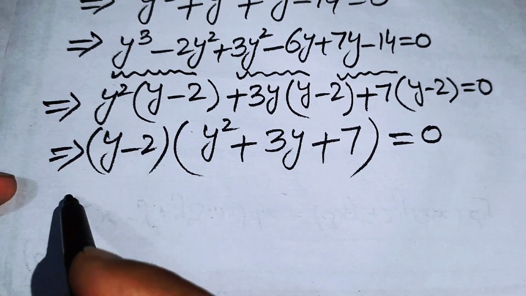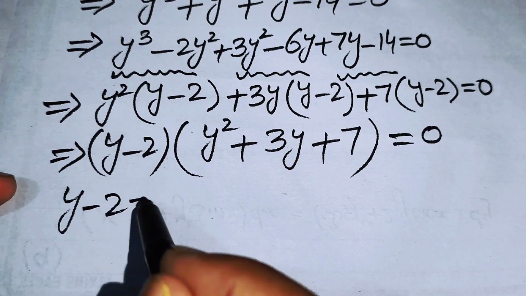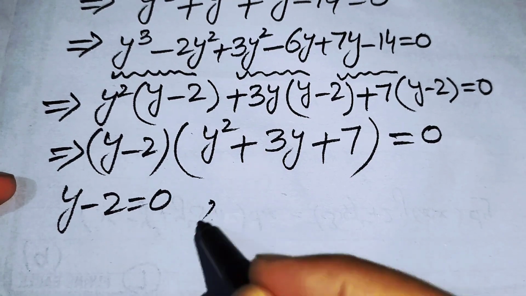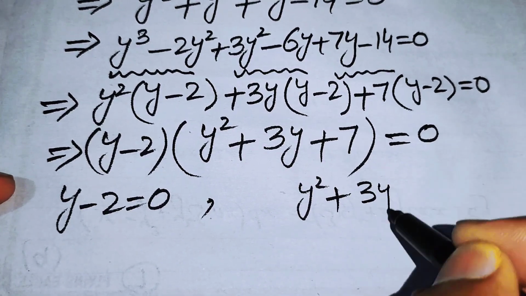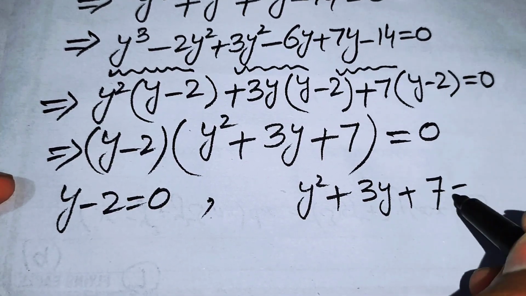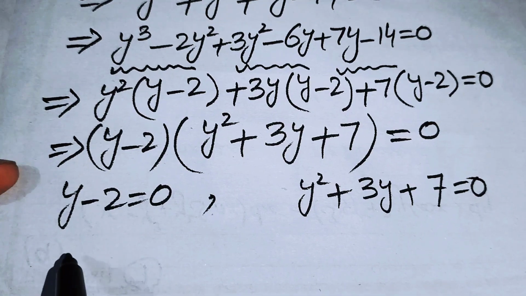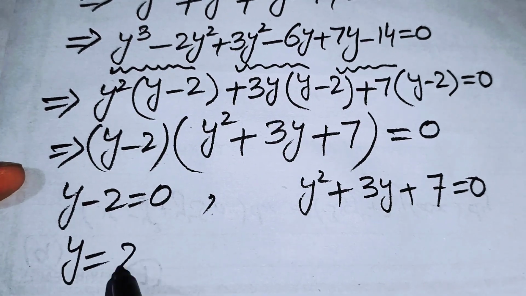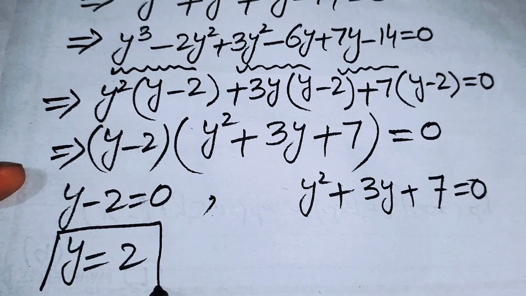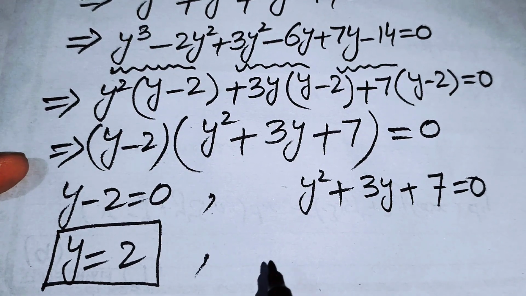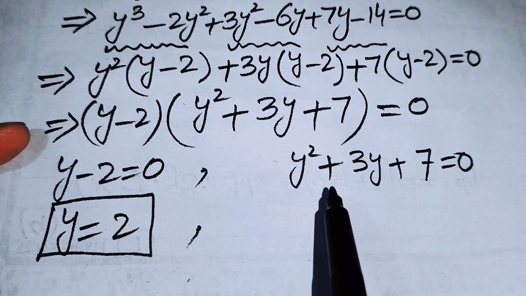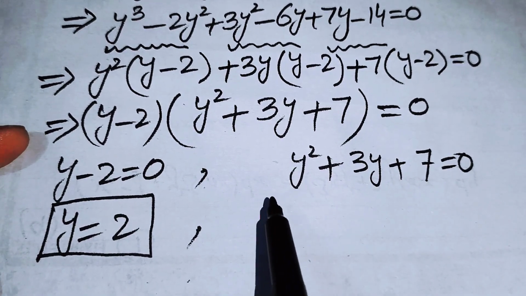The first case is we take y minus 2 is equal to 0, and the other case is we take y squared plus 3y plus 7 is equal to 0. So in the first case you get y is equal to 2, and in order to find the other roots we need to solve this quadratic equation.